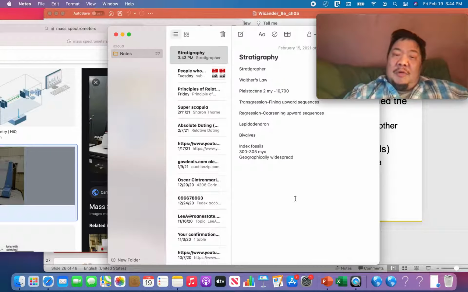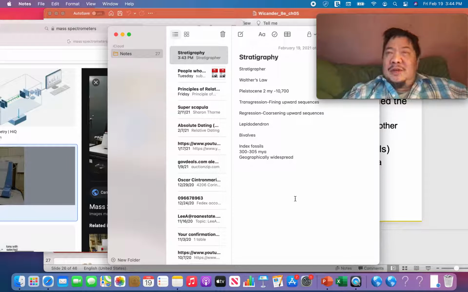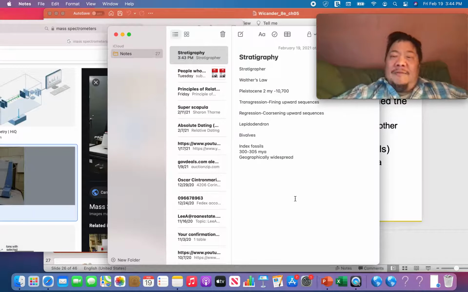Well, when you work for a company, let's say you work for ExxonMobil, and they wanted you to figure out how old rocks are at a particular location in South Dakota, your employer is going to appreciate it if you could date those rocks without using the mass spectrometer, because it's going to save them money. And you could do that if you have index fossils in the sedimentary rocks that you're trying to date.